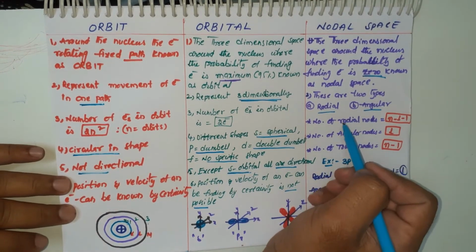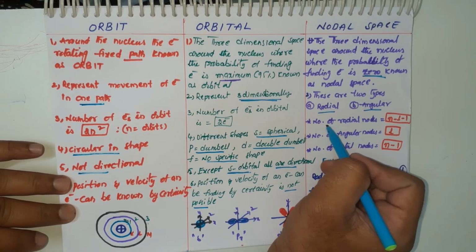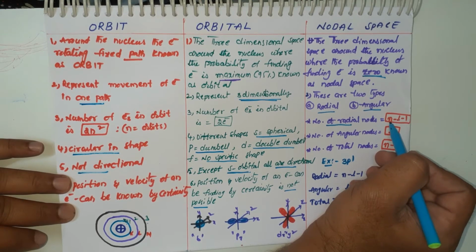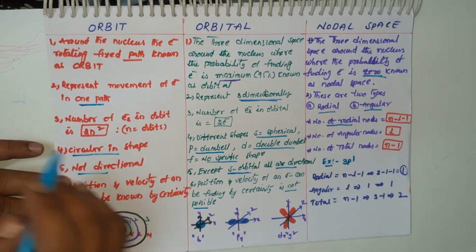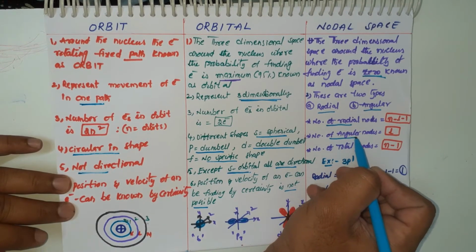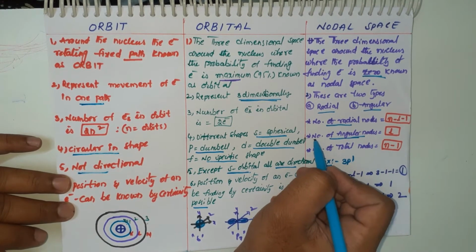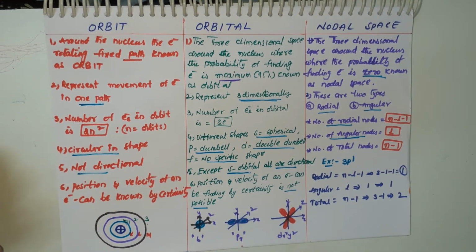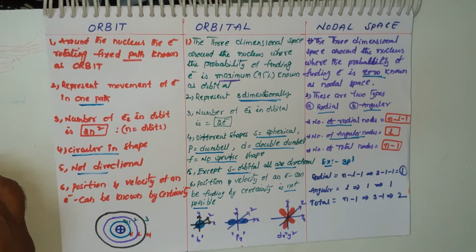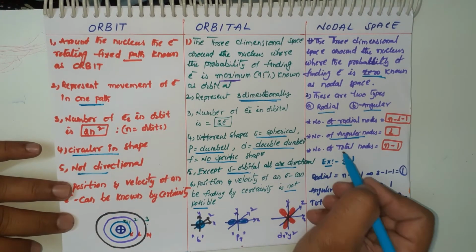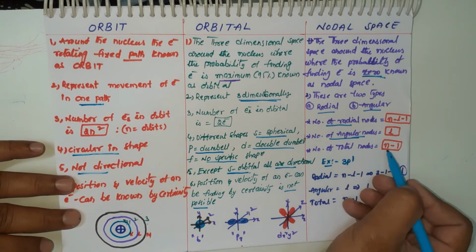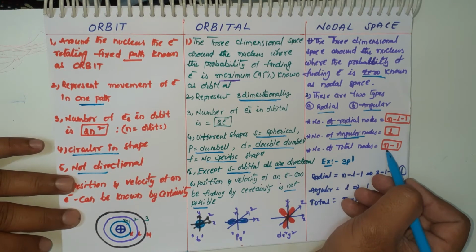The number of radial nodes is n minus L minus 1, that is principal quantum number minus azimuthal quantum number minus 1. The number of angular nodes is L, the azimuthal quantum number. Total nodes in an atom is n minus 1, principal quantum number minus 1.